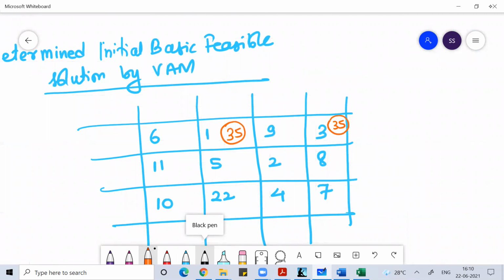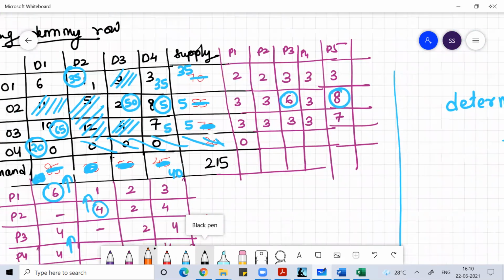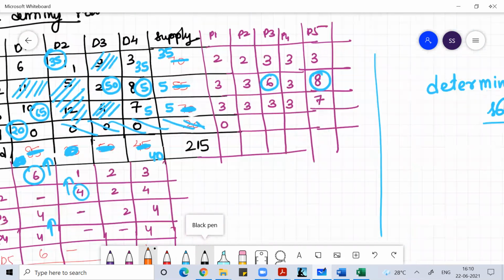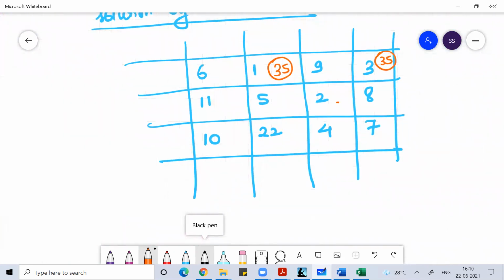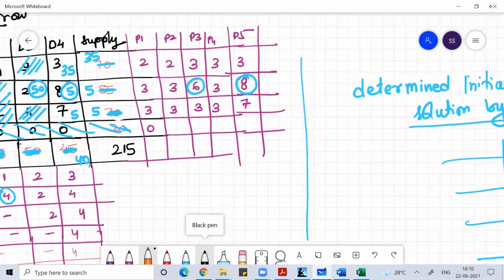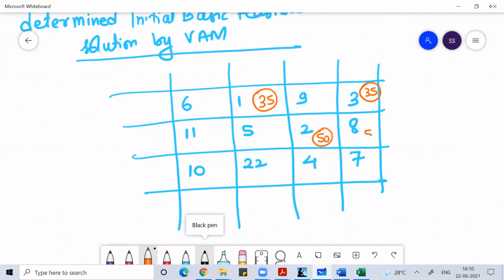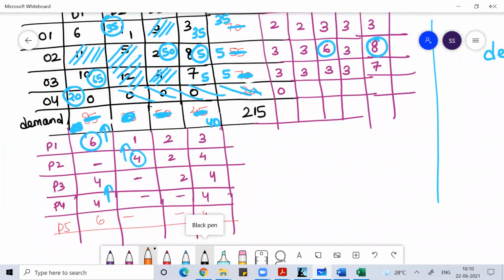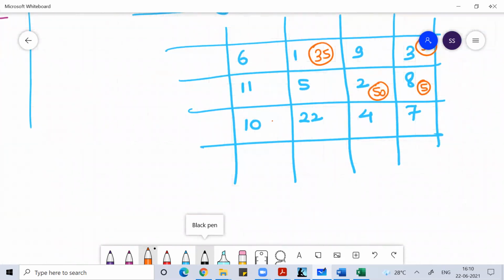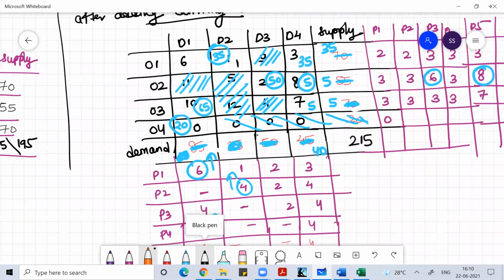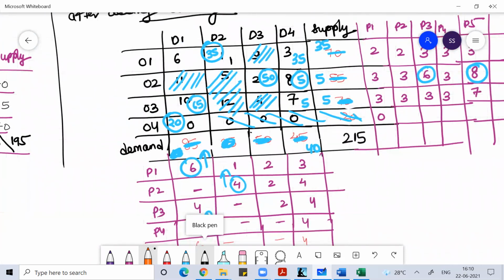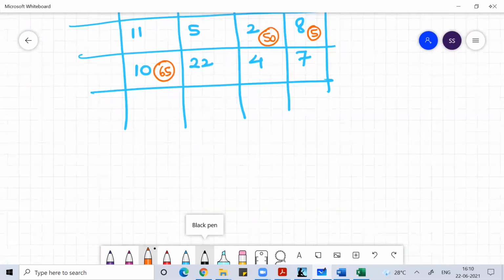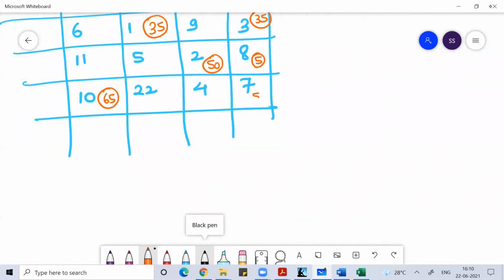And then on 2, 250, then 85, then 10, 65, and then 75.